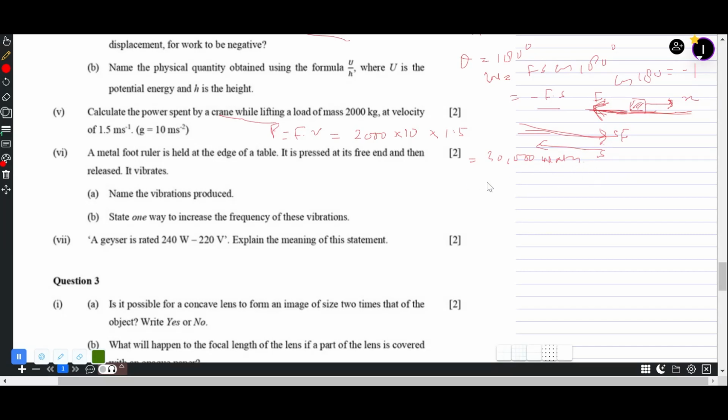Next, sixth: a metal foot ruler is held at the edge of a table with the free hand and released, and it vibrates. What is the name of the vibration? Name of the vibration is natural vibration.